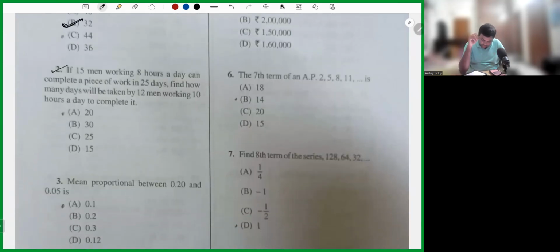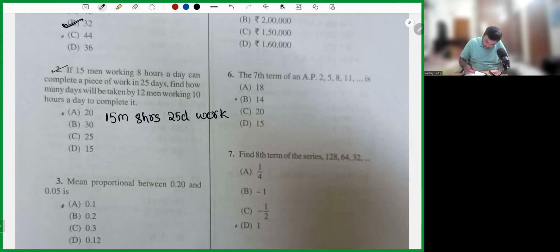Next, question number 2. 15 men working 8 hours a day can complete a piece of work in 25 days.